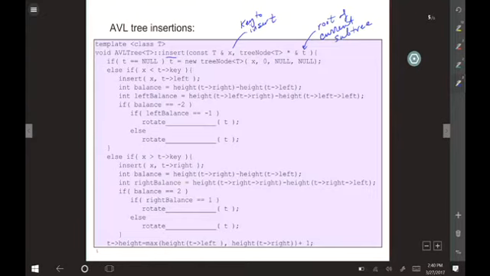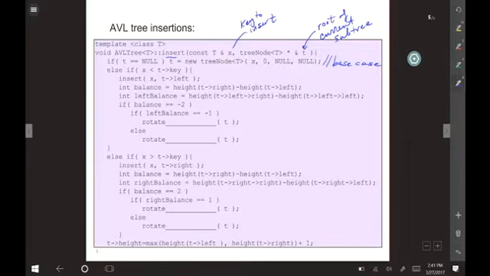If I were commenting this code, what would I put as the comment for the if line? Good. I would say this is the base case of the recursive insert.